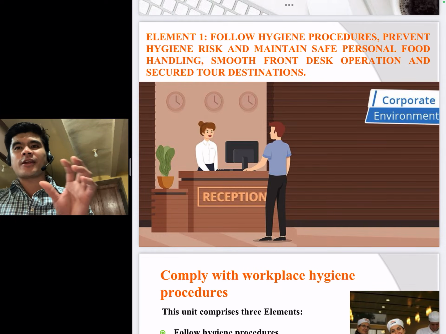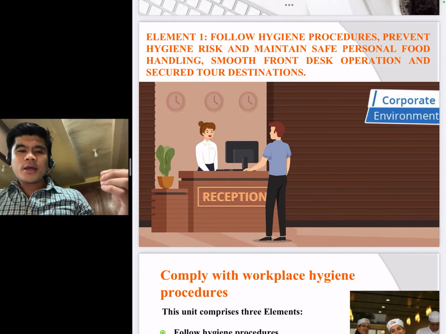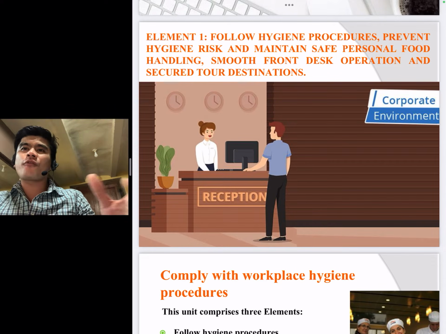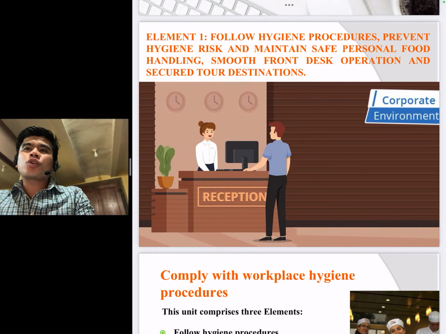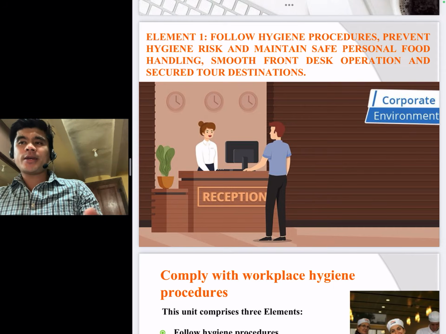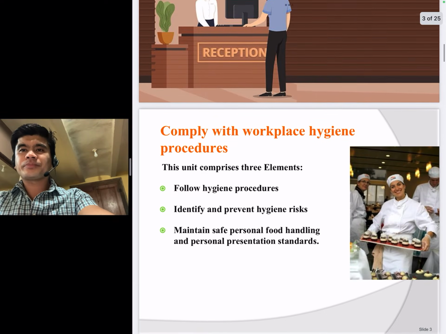This particular element is only going to tell you what the safe handling practices are that we're going to apply whenever we are working at the front desk, whenever we are working at the tour destination desk. Okay, and then we're going to be moving on.